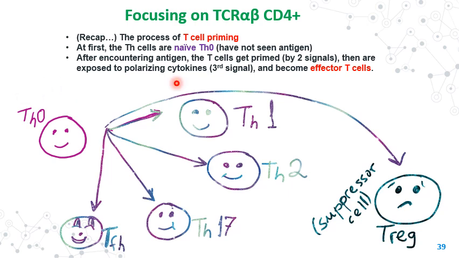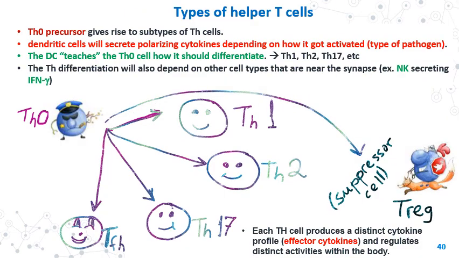We have never seen antigen, but you know that if it sees the antigen presented by the dendritic cell, it can become all different types of cells. It can become Th1 or Th2 or Th17 or follicular helper cell. And besides that, there is still a path that it could become a regulatory cell, right? So it has to make a choice, depending on the type of pathogen that the dendritic cell has presented to it.